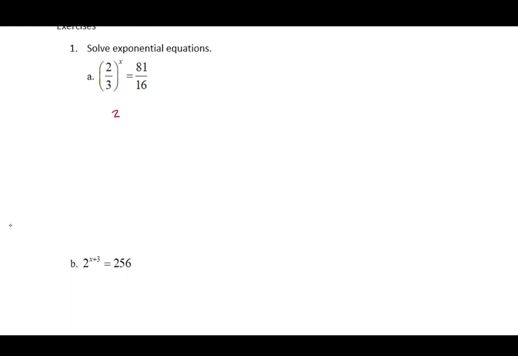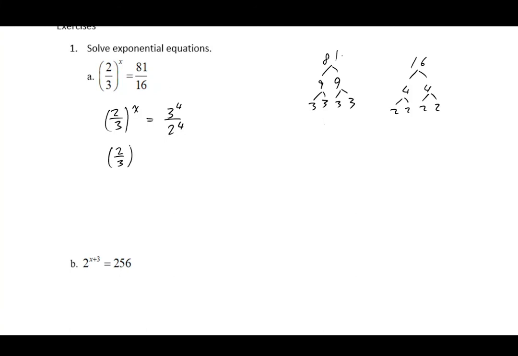So we have 2/3 to the x. 81 is of course 9 times 9, which is 3 times 3 times 3 times 3, so this is 3 to the 4th power, and 16 is 4 times 4, 2 times 2 times 2 times 2, so this is 2 to the 4th power, which tells you 2/3 to the x.